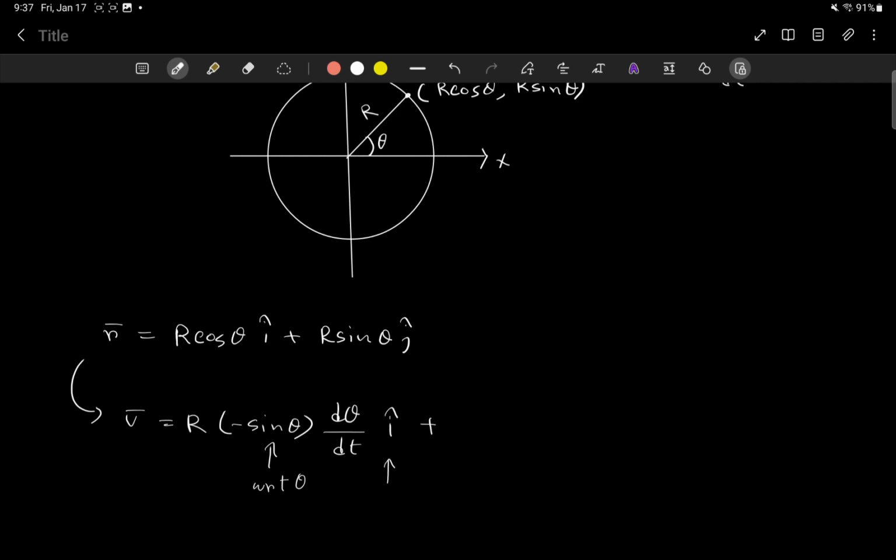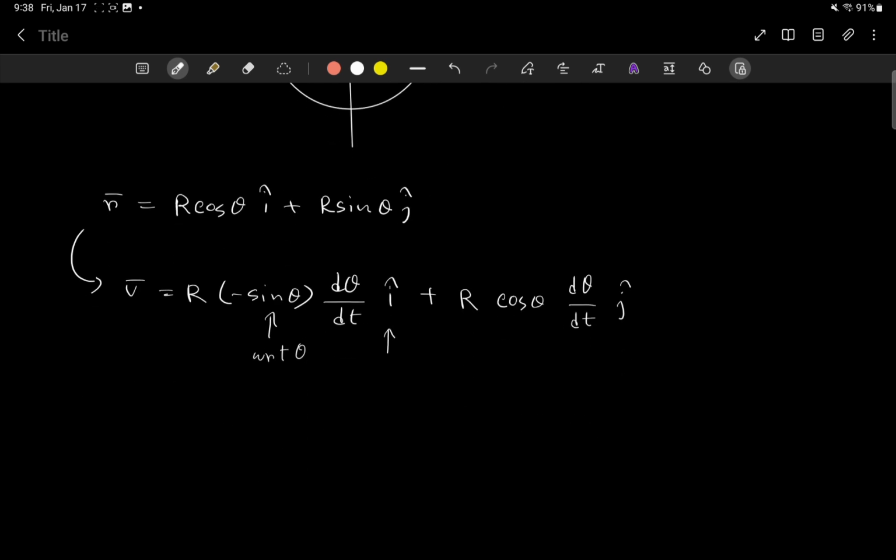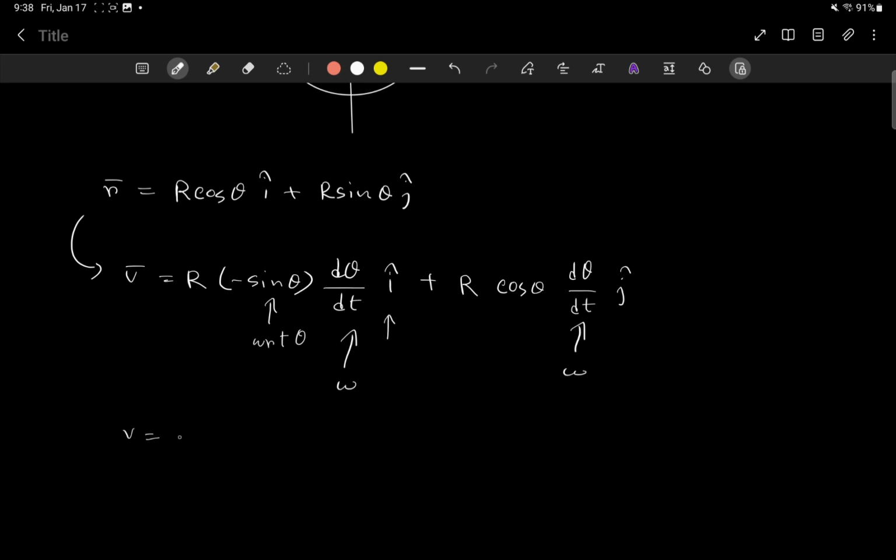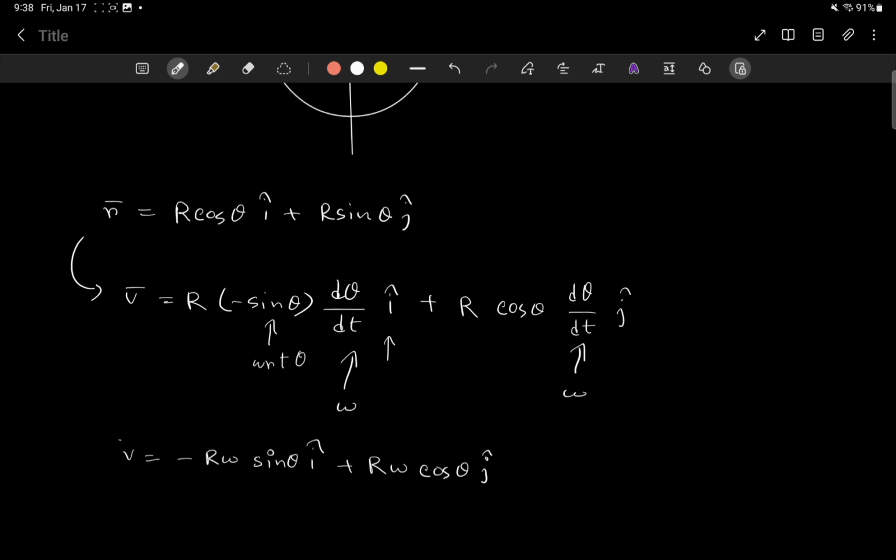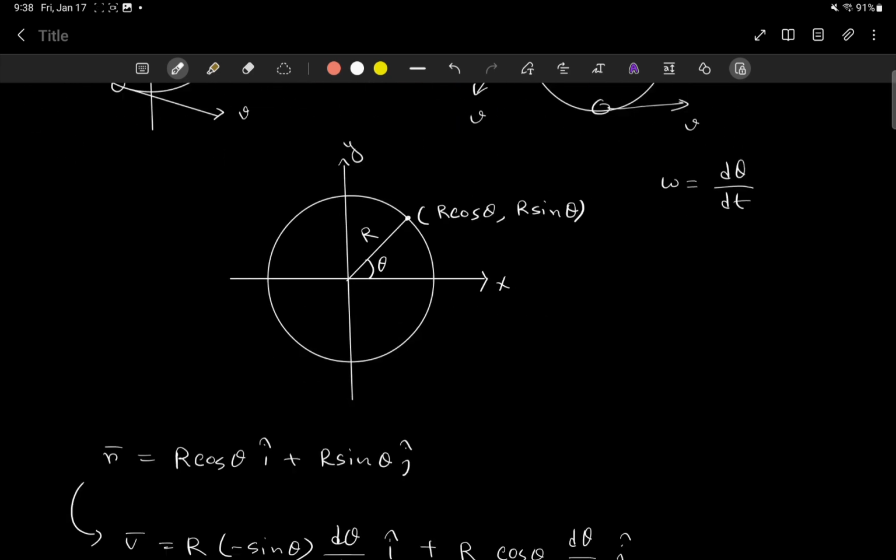For r sin theta, r is constant, and sin theta differentiates to cos theta, times d theta dt again. We already know this is omega, so v will be equal to minus r omega sin theta i cap plus r omega cos theta j cap. This is the vector form, and we're almost done.